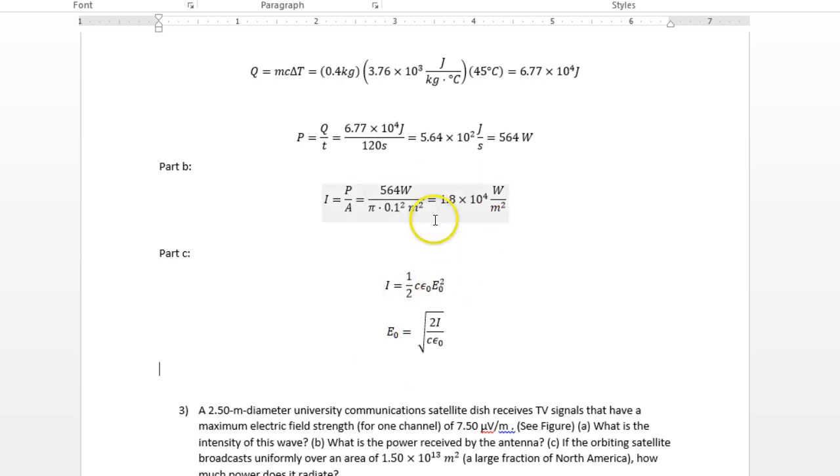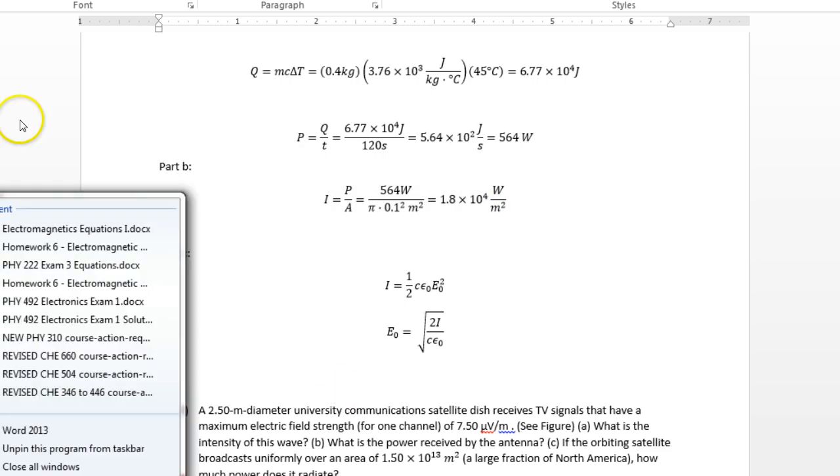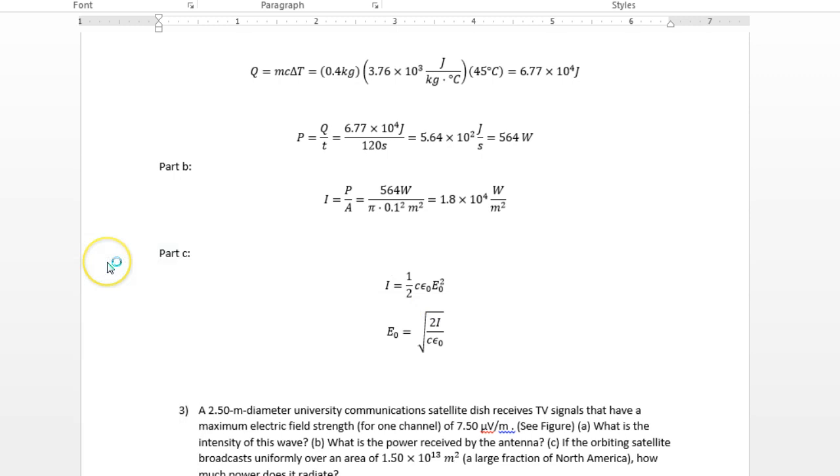We have I. c is 3 times 10 to the 8th meters per second. Epsilon naught, let me get that from right here, 8.85 something.